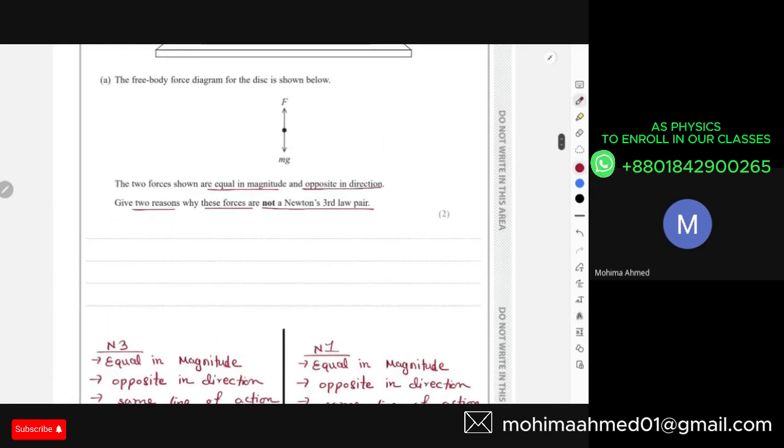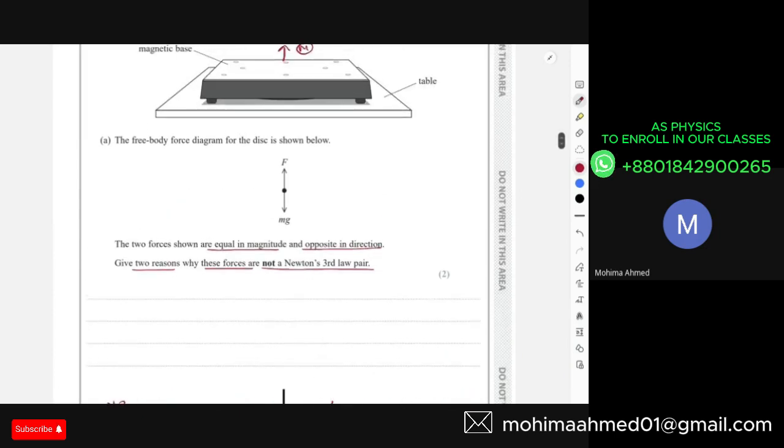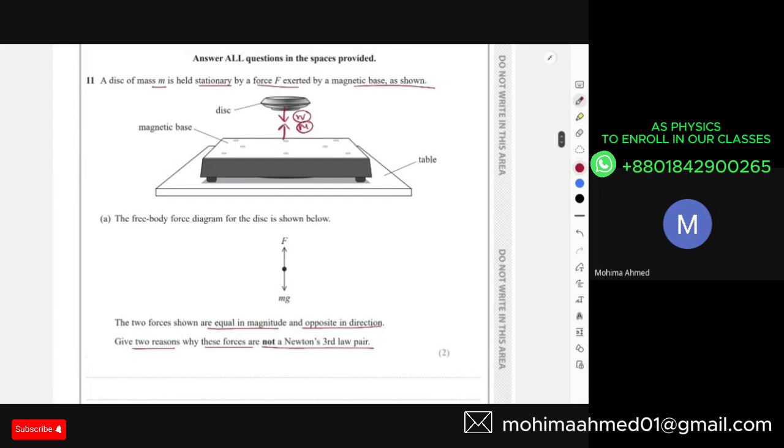So I'm just going to say that forces are acting on the same object, and they're of different type, as weight is gravitational and upward force is magnetic force, right?